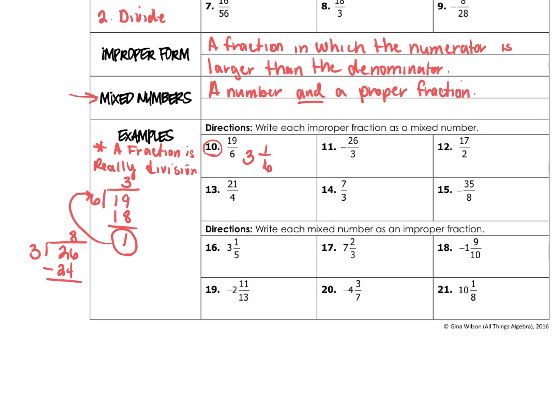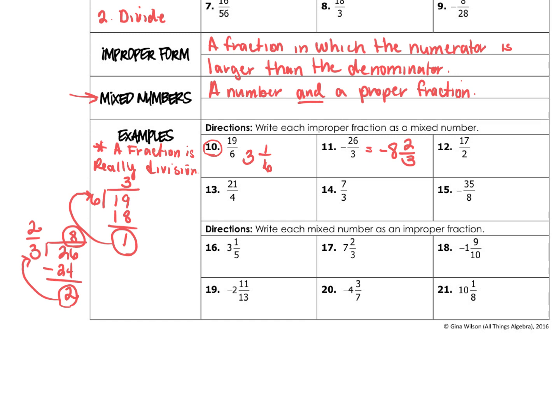When we subtract, we get 2. So 8 is our whole number, and our fraction is 2/3. You put what's remaining over the divisor. And now we have to add the negative back. So don't forget about that. So the mixed number for this is negative 8 and 2/3.